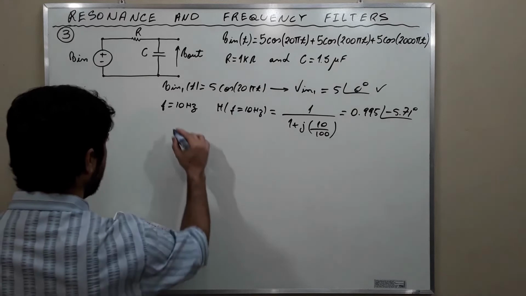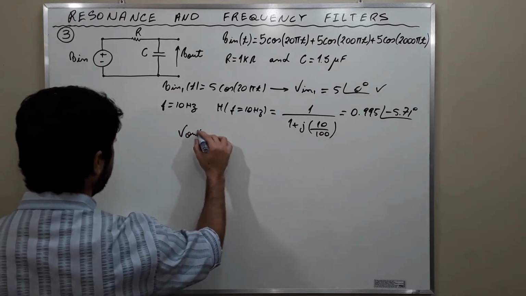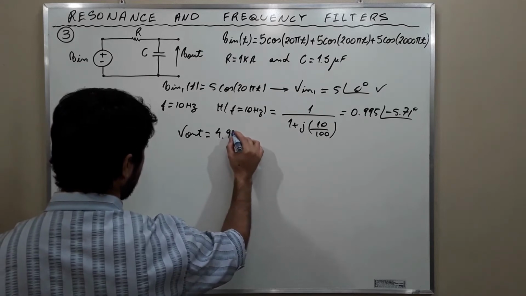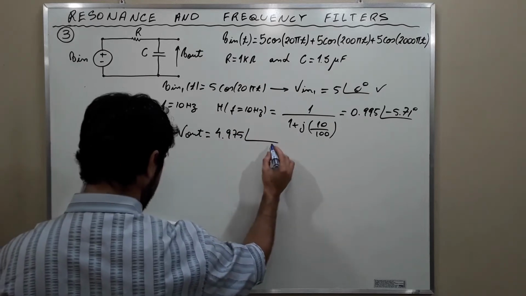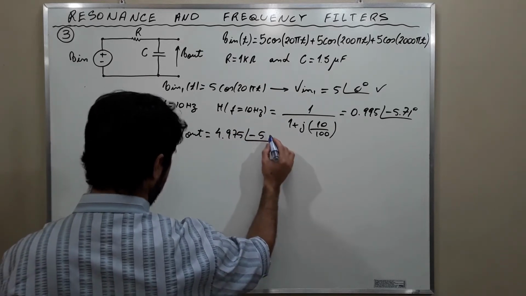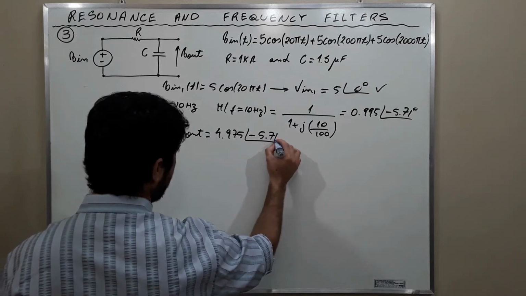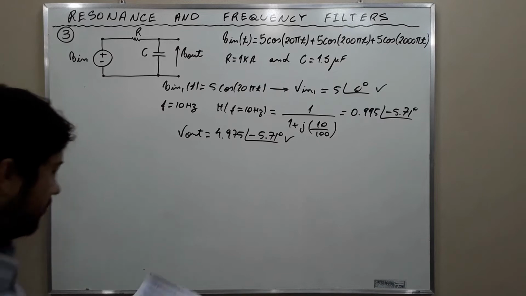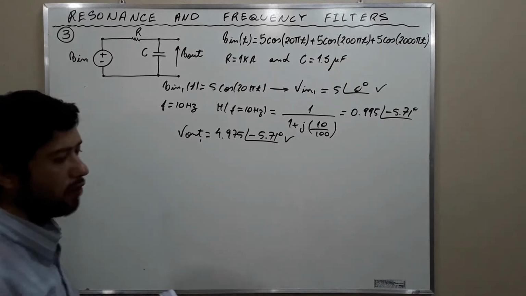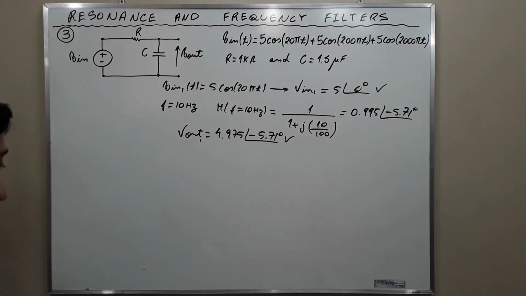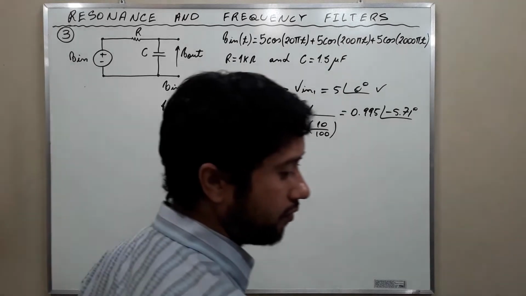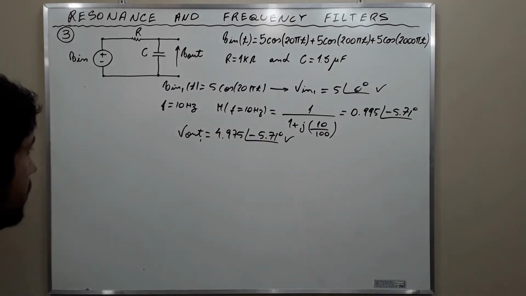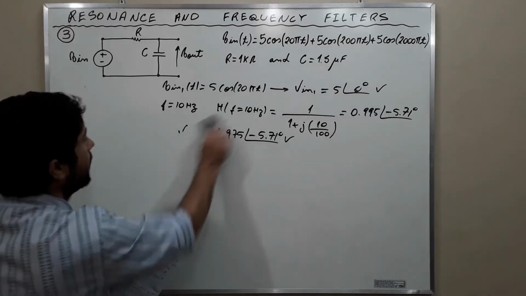And if we multiply, we find that V out is equal to 4.975 in the phase minus 5.71 degrees volts. Okay, my friends, this is the output voltage of the first component. Let's do this same computation for the second component and see what we get.